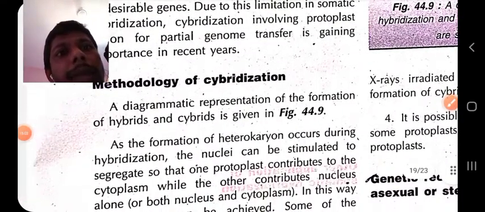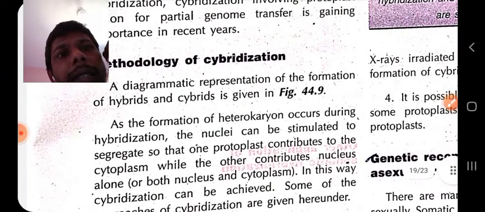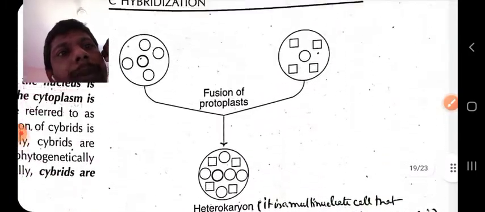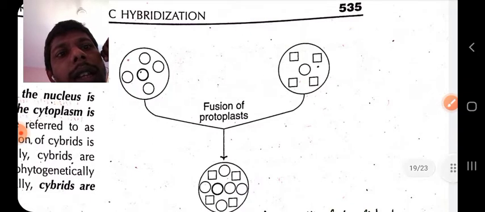Now, how hybridization is being done, let us see. A diagrammatic representation of the formation of hybrids is given in the figure. You can see the fusion of the protoplast. The protoplasts are fused.